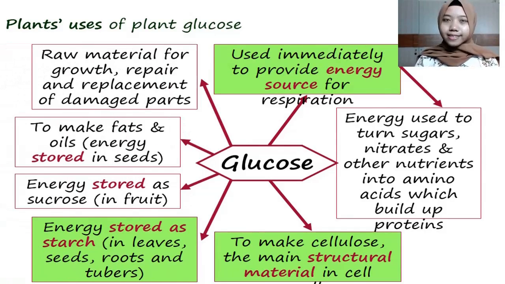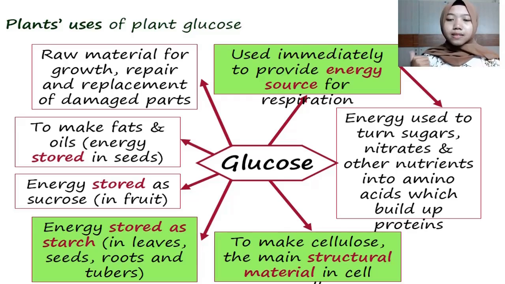Plants' uses of plant glucose. Glucose is a raw material for growth, repair and replacement of damaged parts, to make fats and oils, and energy stored in seeds. Energy is stored as sucrose in fruit, and energy stored as starch in leaf, seeds, roots and tuber.